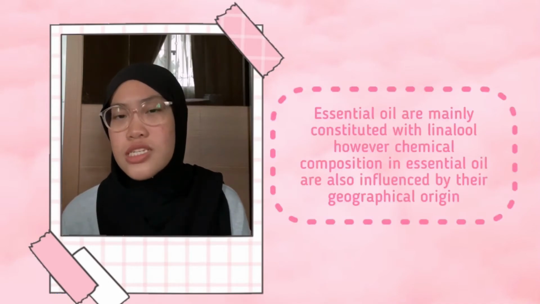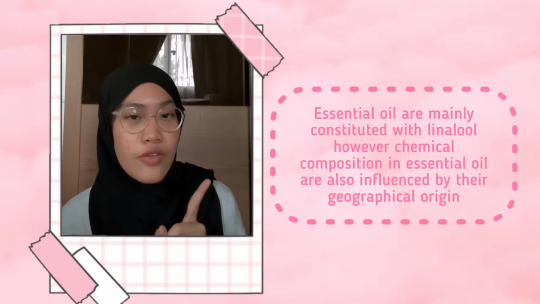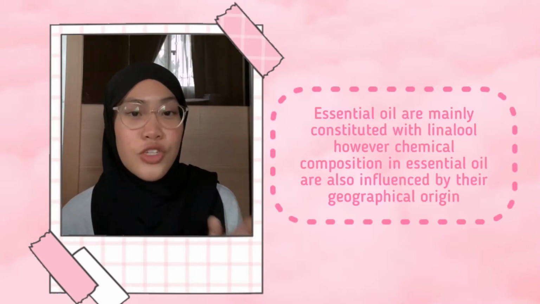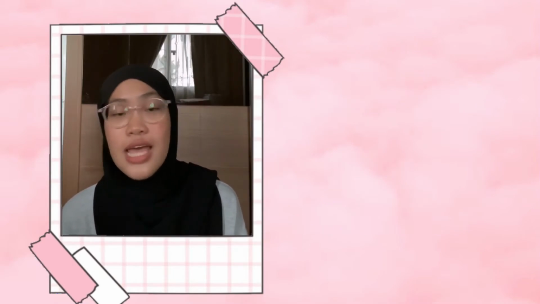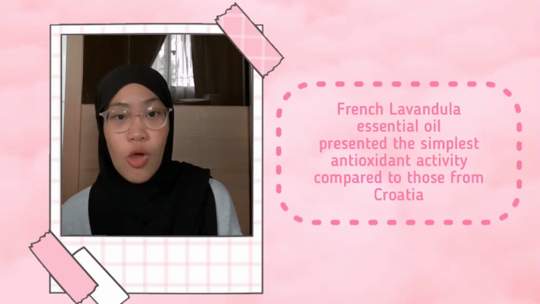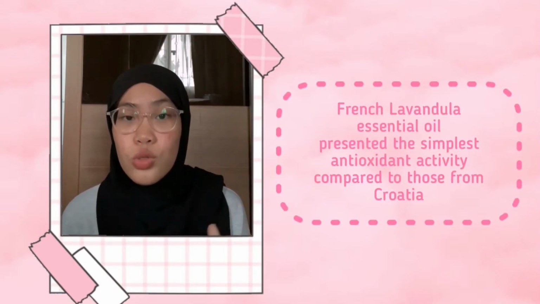Besides, it was also noted that lavandula species essential oils are mainly constituted by linalool. However, specific species from different geographical origins also influence the chemical composition of the essential oil. The soil and climate are some critical factors that influence the chemical composition of the essential oils. The French lavandula species essential oil presented the weakest antioxidant activities in comparison to those from Croatia.